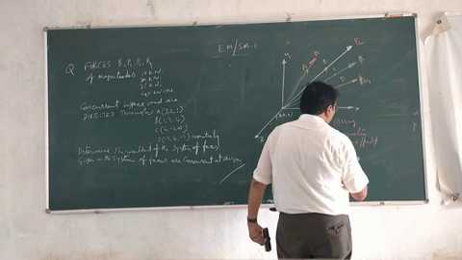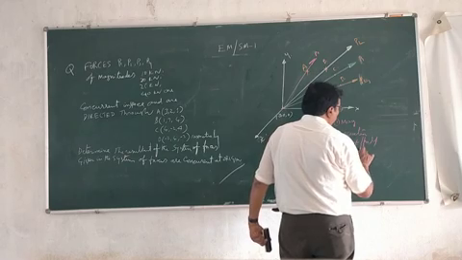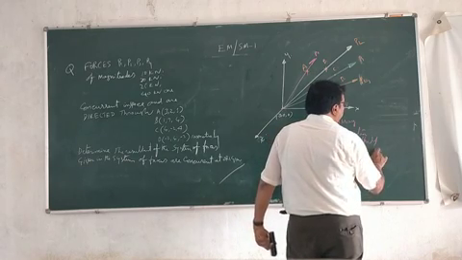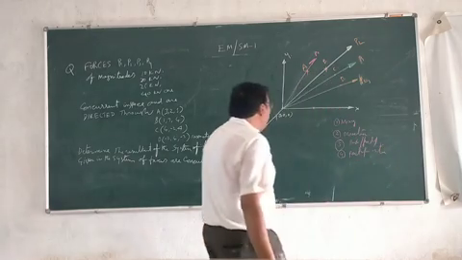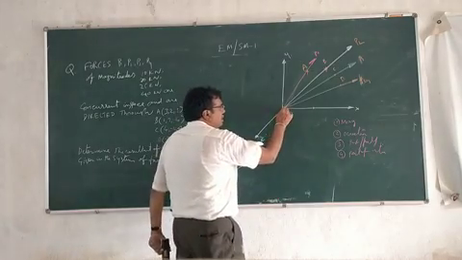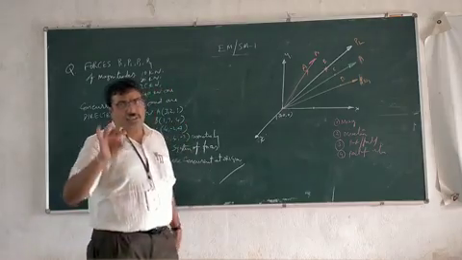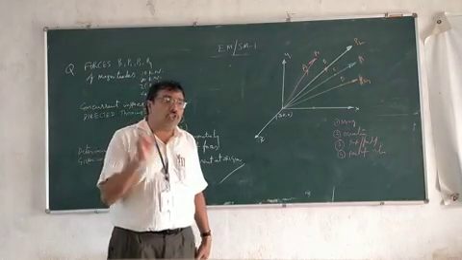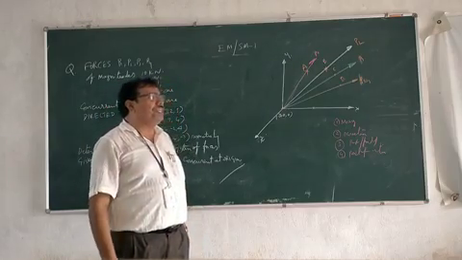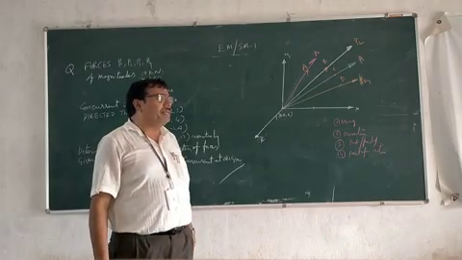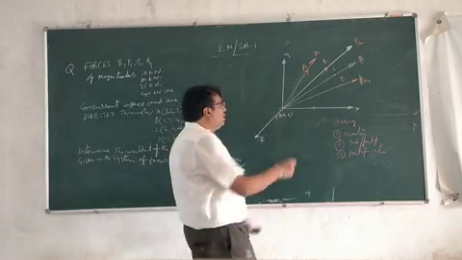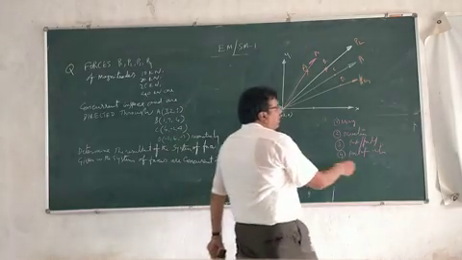Number 4, point of action. Since all are concurrent forces, our resultant is also concurrent at that same point. It will meet at the same point. That's why this is our point of action.